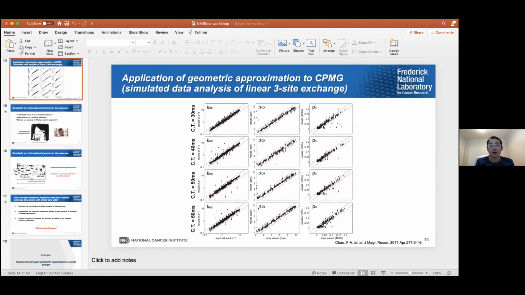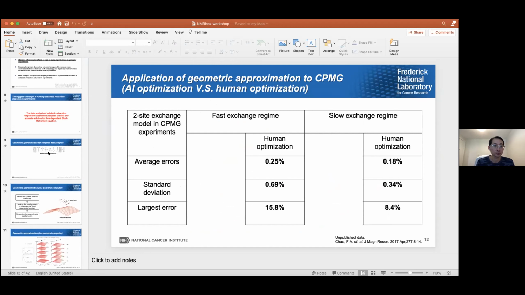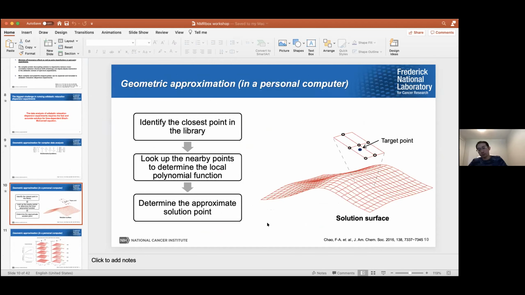Yeah. Okay, let me see. Let's go back to this. I think it depends on the question you are asking. It all depends on the dimensionality of the solution surface. If it's low, like the CPMG one I deal with, where of course I assume the intrinsic R2 are the same for both states, in the simple case I can compute the library within 1 day using 90 cores of a cluster.